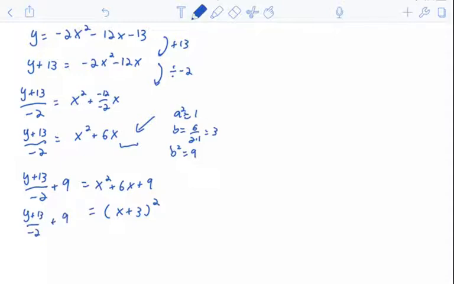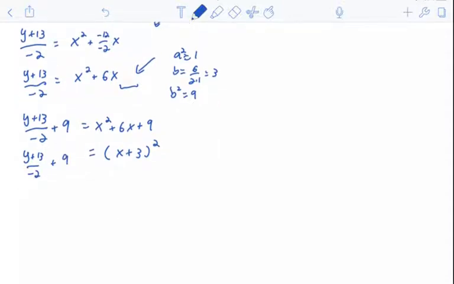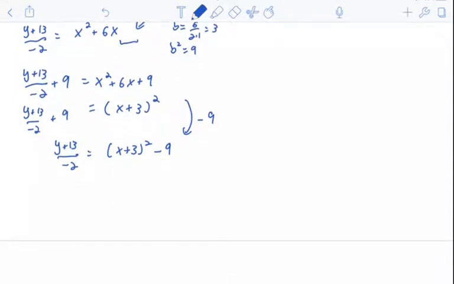Now, before I say anything else, you could simplify the expression on the left-hand side, but doing so usually involves mangling fractions, and I don't like adding fractions together. So instead, I'm just going to unpack it one piece at a time. So I'm going to subtract 9 from both sides. And then I'm going to multiply by minus 2.